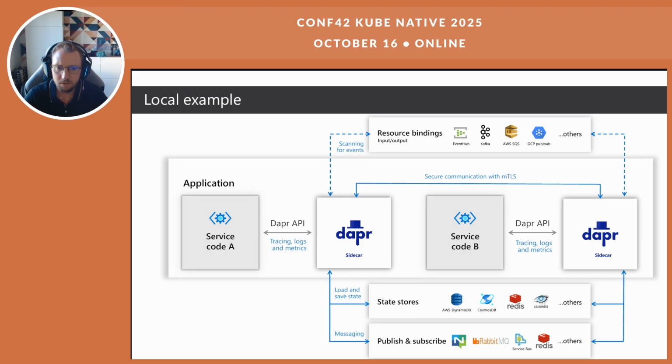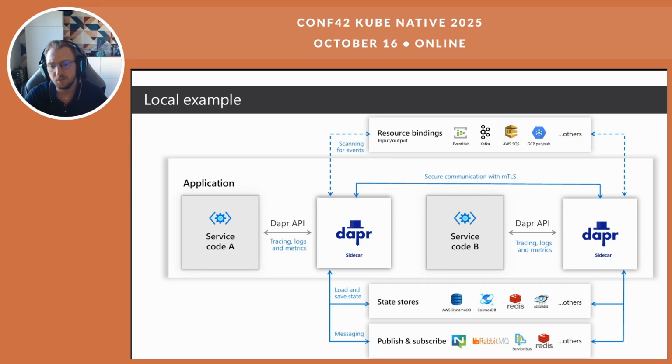For example, here is a local example of a very simple architecture with Dapper. I have a service A and a service B, and each of those services has a Dapper sidecar just aside of the service. Then I will configure Dapper about the state store I want to use or the event broker I want to use, and so on.